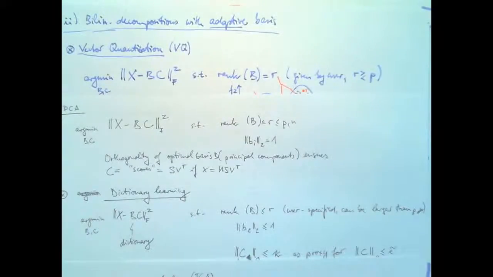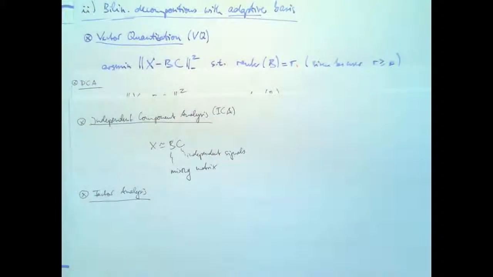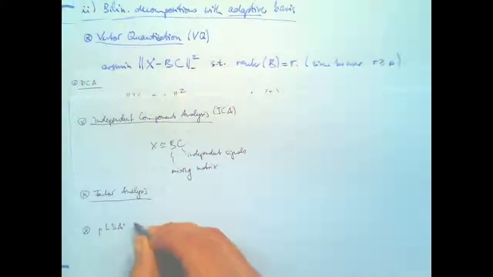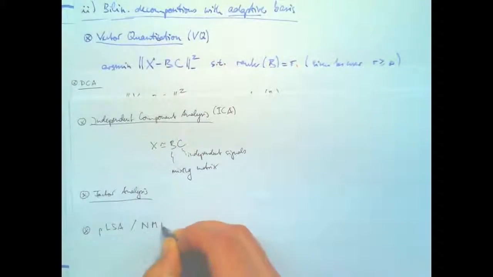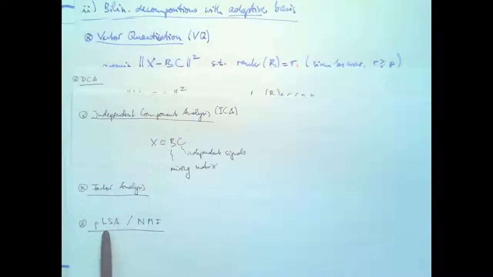And the big picture, there are more entries here that I couldn't talk about, for lack of time, such as probabilistic latent semantic analysis, or the closely related non-negative matrix factorization. I think I will say something about the former when we talk about graphical models at the very end of the semester.